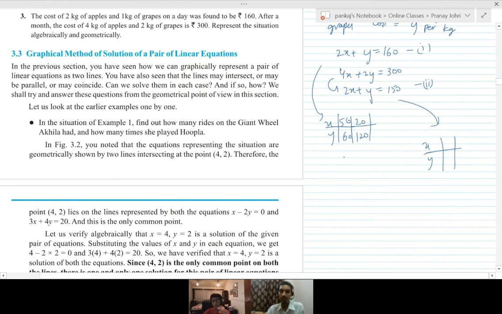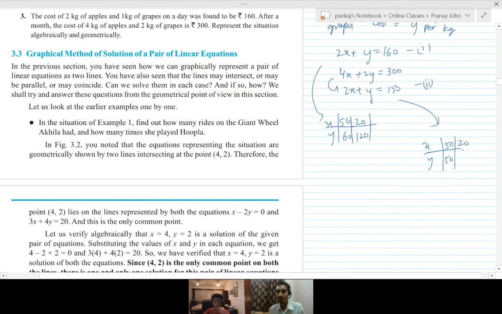For the second case, x can be 50, y can be 50, and x can be 20 and y can be 110.